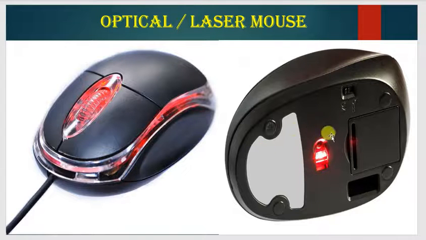So any mouse that comes with a laser or a light beneath it is called an optical mouse or a laser mouse. If you have any mouse, you can turn it over and check whether there's a light or a laser below. If there is, then it is an optical mouse or laser mouse.